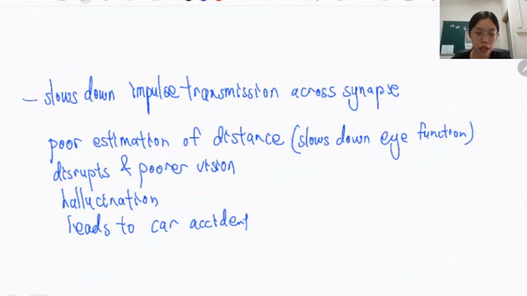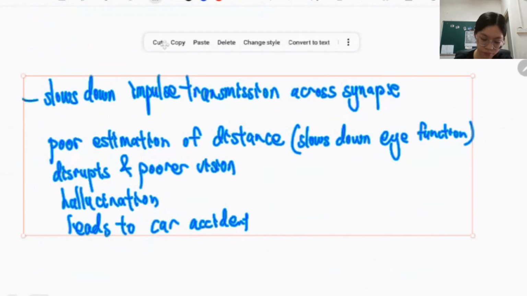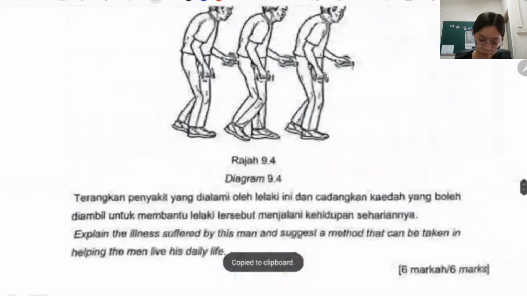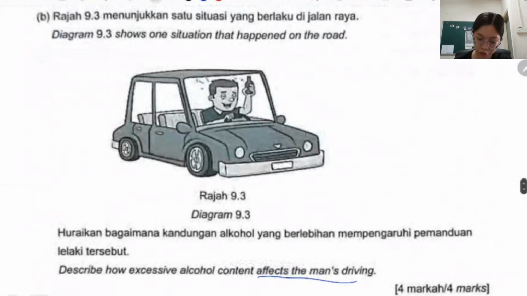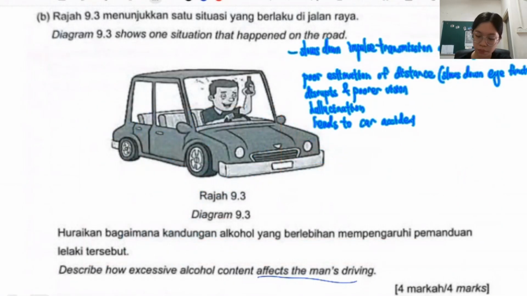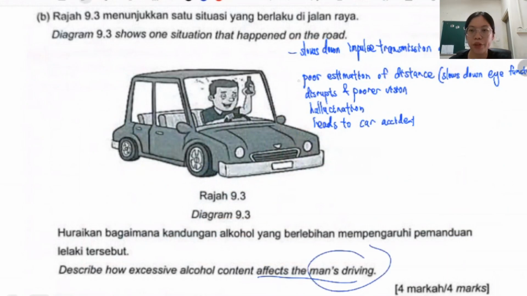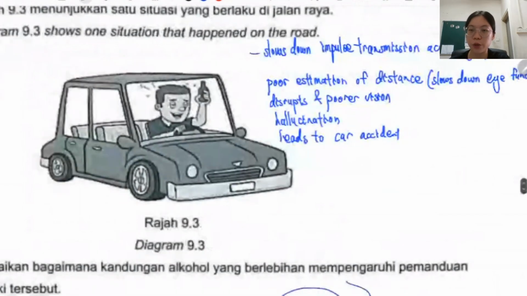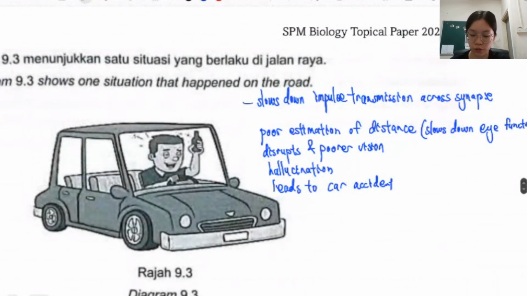Then how are you going to explain the effect of it? Affect the man driving. So you have to emphasize on the man's driving. The reason why it may lead to car accidents, that's why they always emphasize you cannot drink alcohol content and drive.